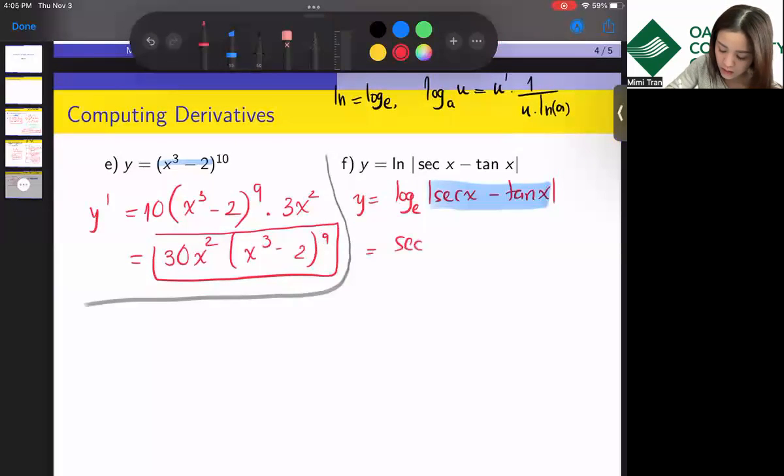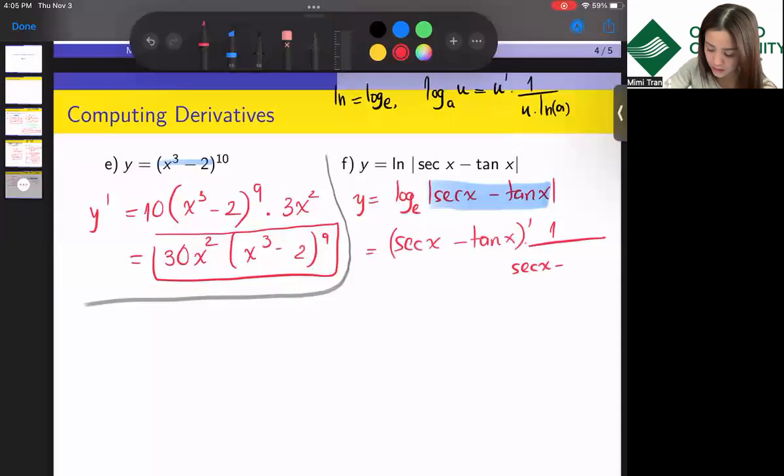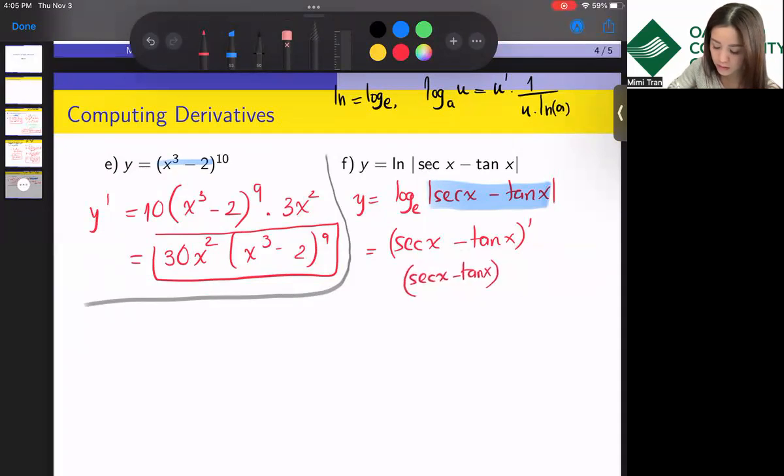So secant x minus tangent x prime times 1 over u, which is secant x minus tangent x. Times ln of a. A here is e, but we know ln e is 1. This part right there, that's 1.